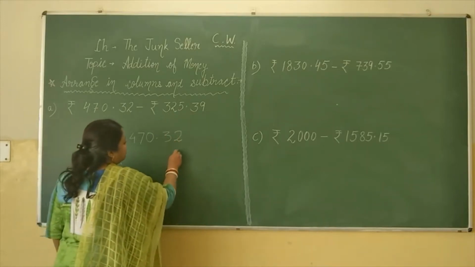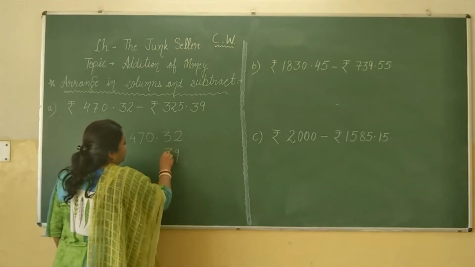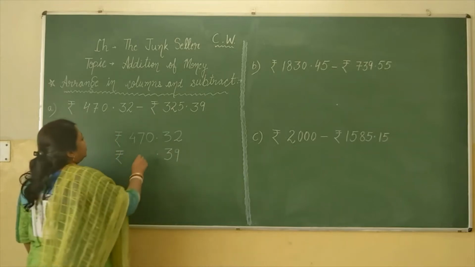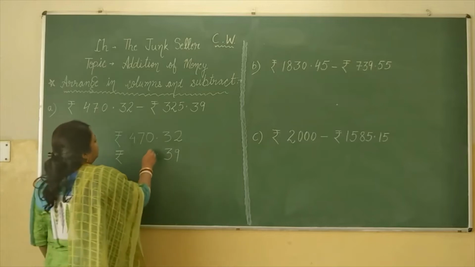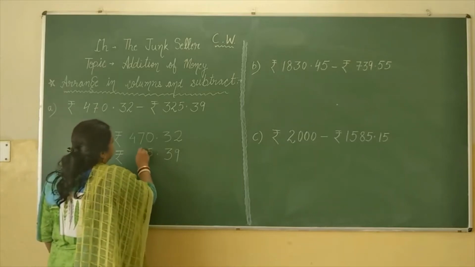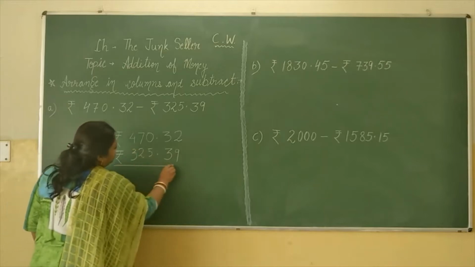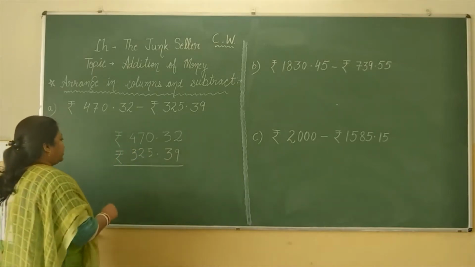So again we will start from the right hand side: 9, then 3, then point, and the point should come below the point, please remember this, then 5, then 2 and 3. So we have rupees 325.39 paise.